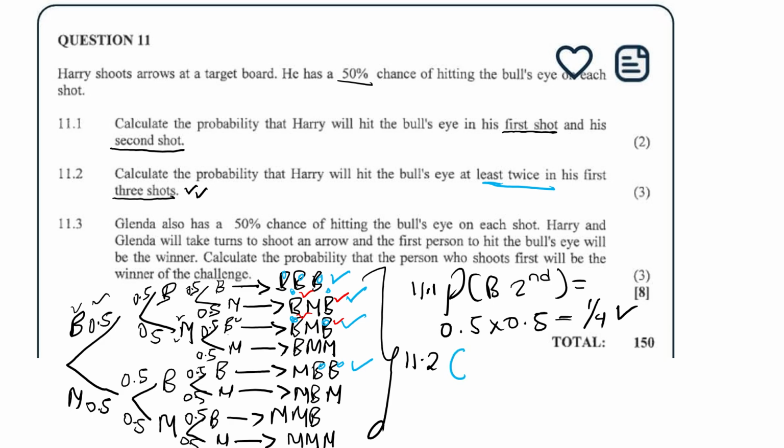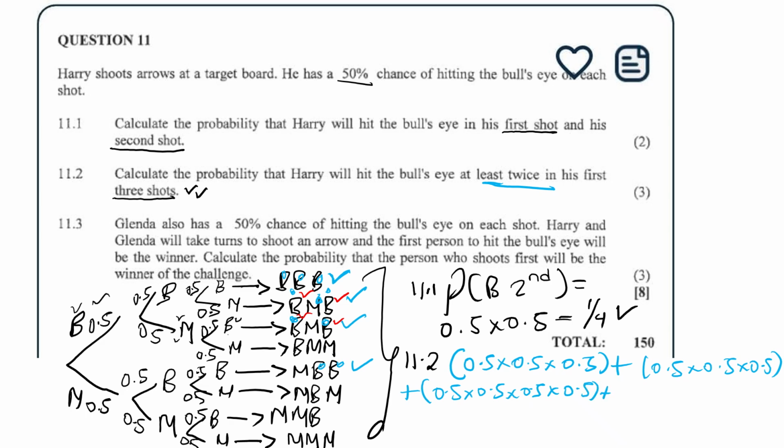For the second event, it is 0.5 multiplied by 0.5 multiplied by 0.5, plus the second one, 0.5 multiplied by 0.5 multiplied by 0.5, plus the third one, 0.5 multiplied by 0.5 multiplied by 0.5, plus the last one, which is the fourth one, 0.5 multiplied by 0.5 multiplied by 0.5. Therefore now our answer is 0.5, or one can say 1/2.